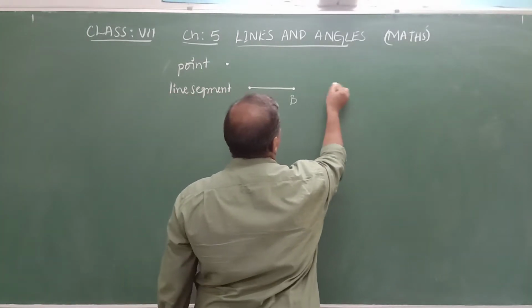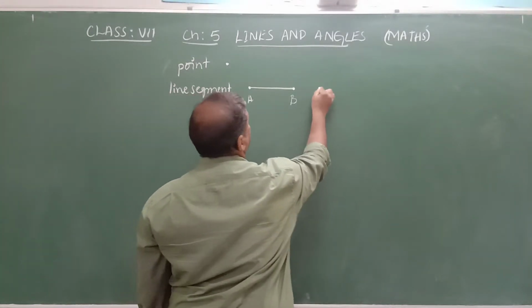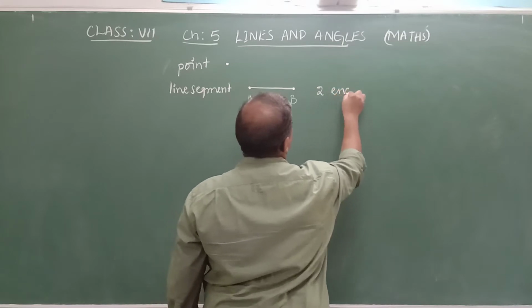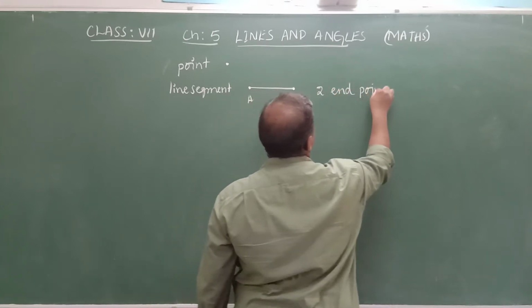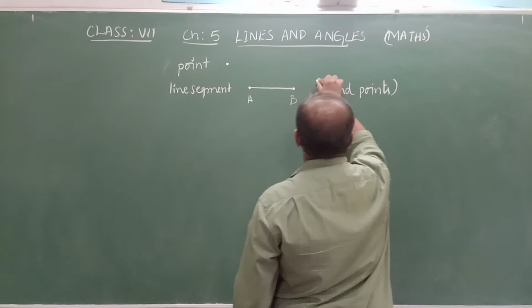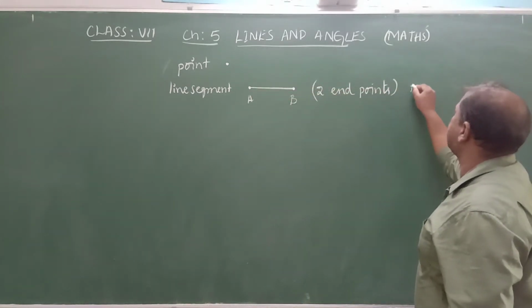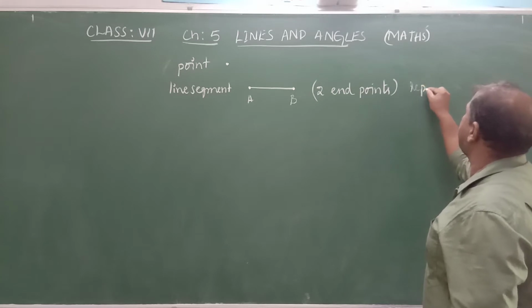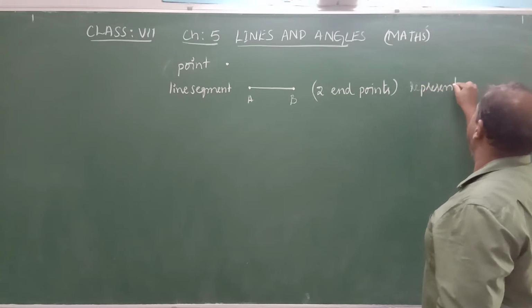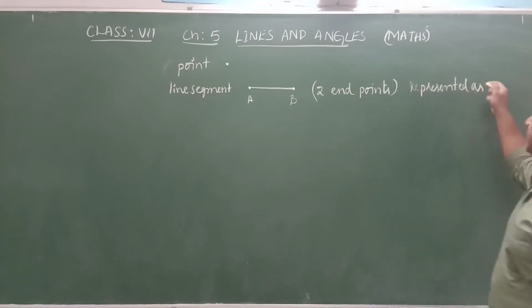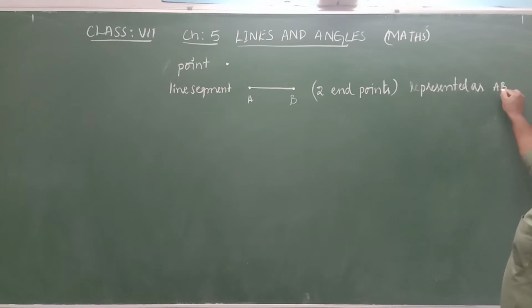Here we have two end points. A line segment has two end points. And how is it represented? It is represented as line segment AB. Like this we represent the line segment AB.